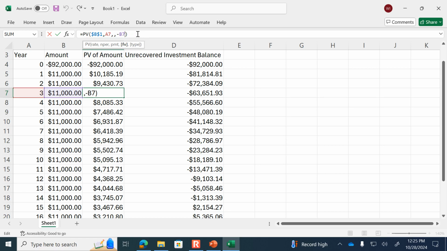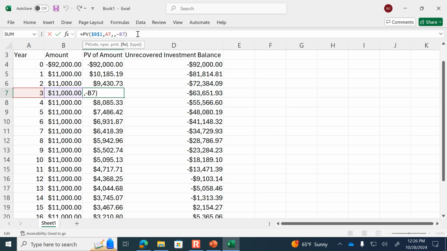So we're discounting the future revenue to the present at 8%, which is the given interest rate for the problem. And we want to find out, if we're paying $92,000 as an outflow, when do we get back $92,000 worth of value? So it's not when do we get back exactly $92,000, but when do we get back the present equivalent of $92,000?